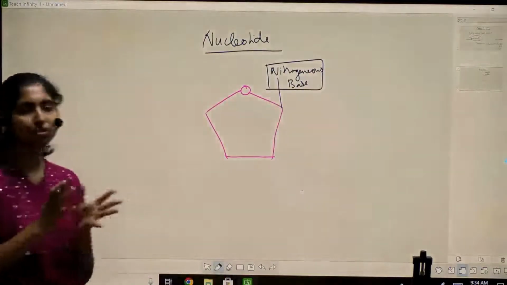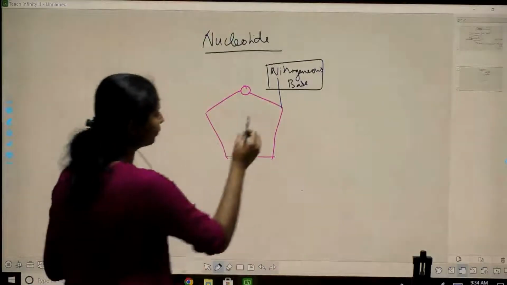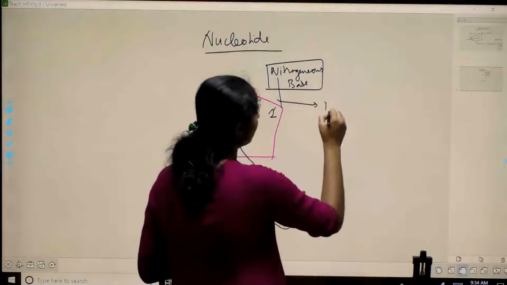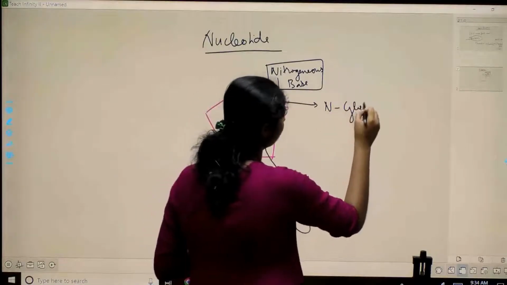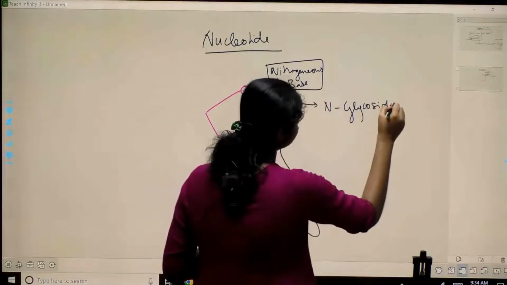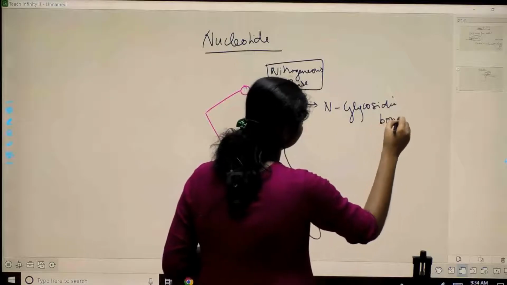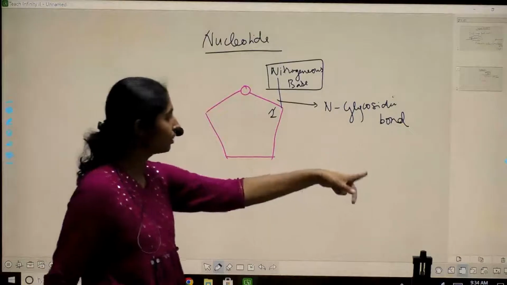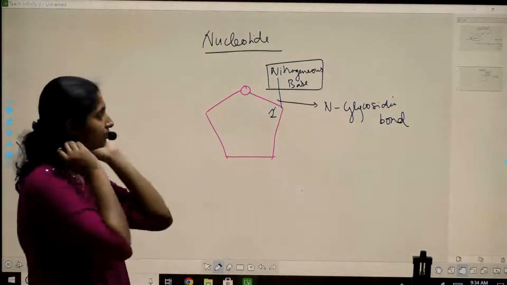The nitrogenous base is attached to the pentose sugar through the first carbon with the help of a glycosidic bond. It is an N-glycosidic bond. So the nitrogenous base is connected through the N-glycosidic bond to the first carbon of the pentose sugar.